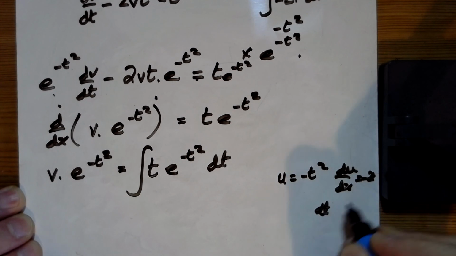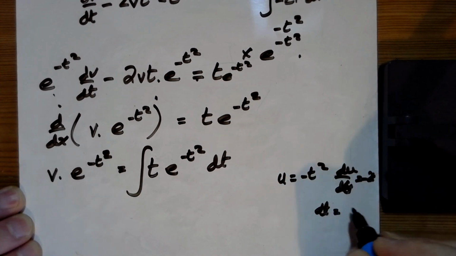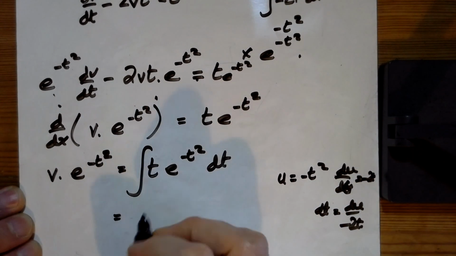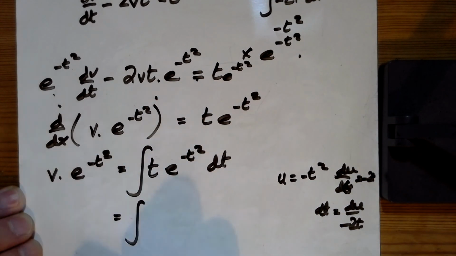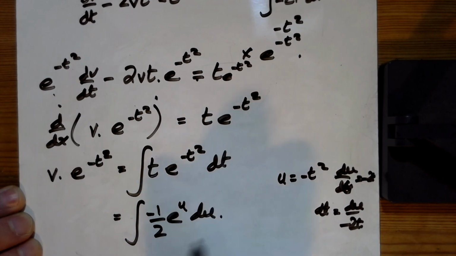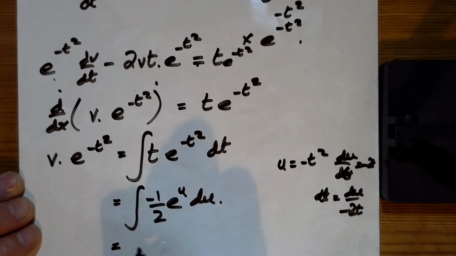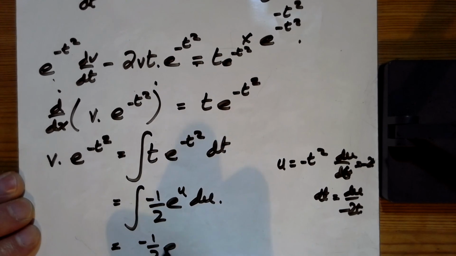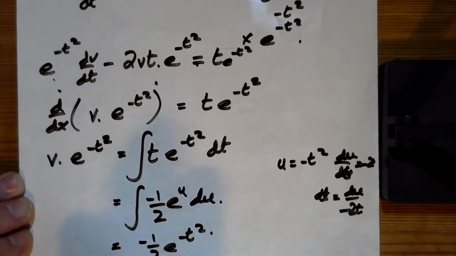That tells me that dt is equal to du over minus 2t. They cancel, so we've got the integral of minus a half e to the u du, and so that is just minus a half e to the minus t squared.